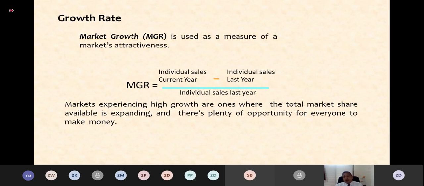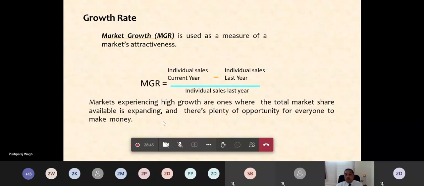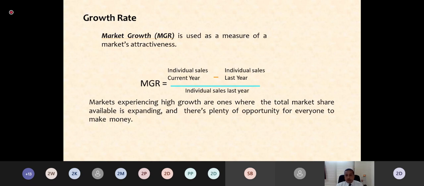Then there is the maturity stage, wherein the sales start stabilizing. Then the saturation stage, wherein sales stabilize and slowly go towards the declining stage. In the declining stage you can clearly see the sales will start declining, or the sales will be negative. You will be able to see that through this product life cycle.